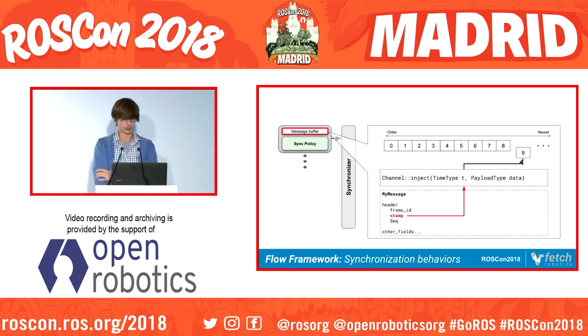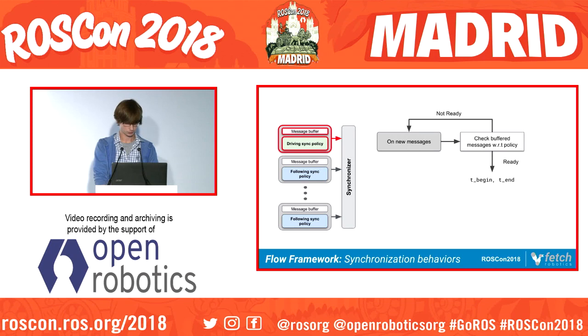Inside the message buffer portion of the input channel, this is really up to implementation. It's a little more flexible, but the way we have it set up is that there's a buffer which orders messages in time. Right now we're using the message stamp of our ROS messages, but it could be any data type, as long as there's some sort of time or sequence backing to it, you can put it into the message buffer.